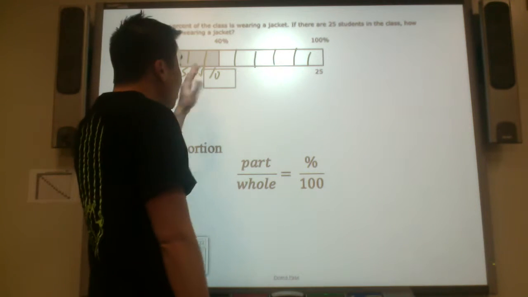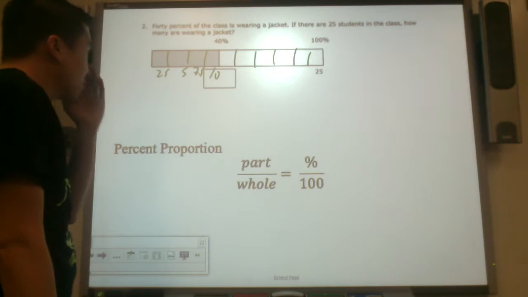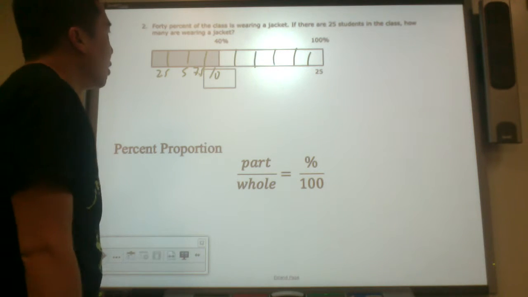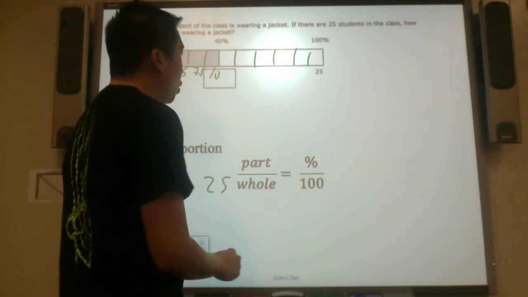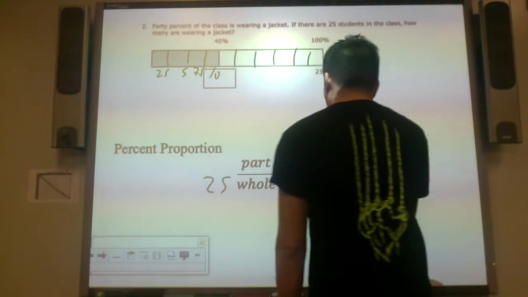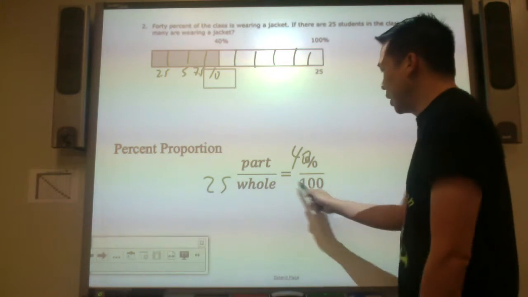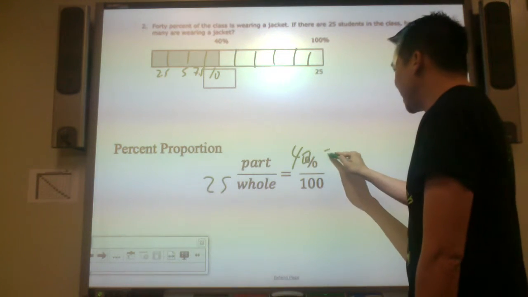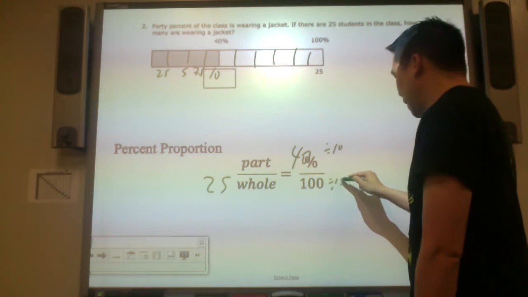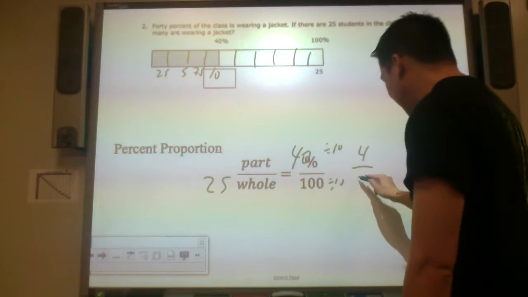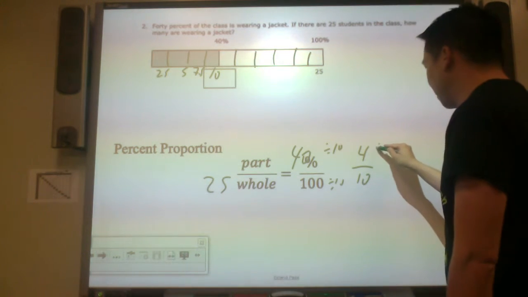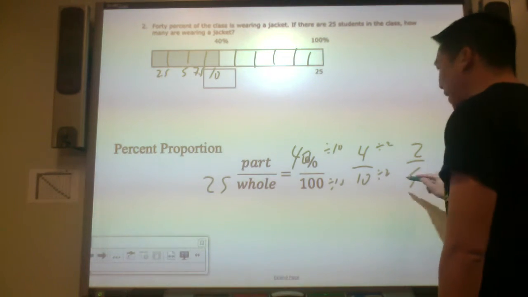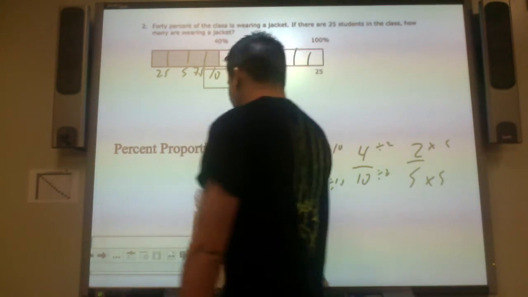What if you do not like using the percent bar? Maybe you prefer using the percent proportion. What part of the class? We don't know. We know there are 25 students in the whole and 40% are wearing a jacket. So can you break this down? I can break it down by 10 and I get 4/10. I break it down by 2, I get 2/5, and I scale back up by 5, I get 10 students.